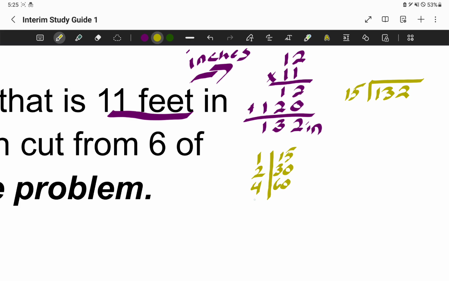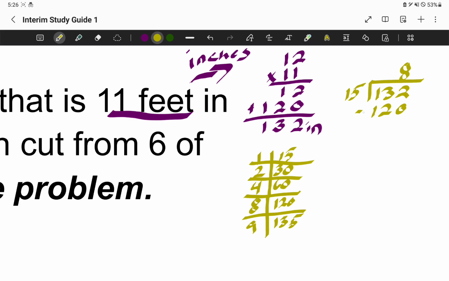Well, we're not quite there yet. If I double this, I get 8, and double that, and I'm at 120. If I add 15 to that, I'm at 135, and that's too much. So that means 8 and 120.